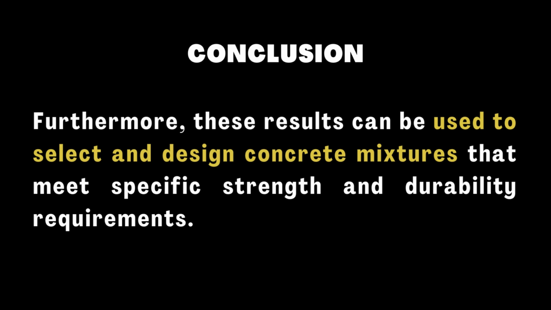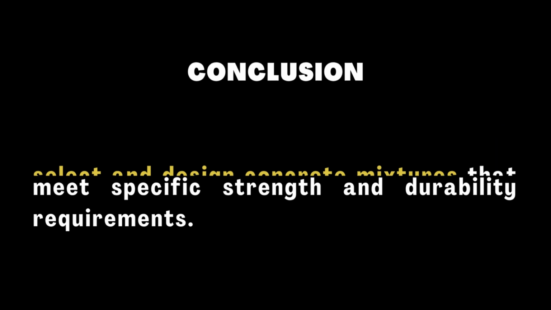Furthermore, these results can be used to select and design concrete mixtures that meet specific strength and durability requirements. In addition, careful consideration of these properties is crucial in the selection of suitable aggregates for concrete production.